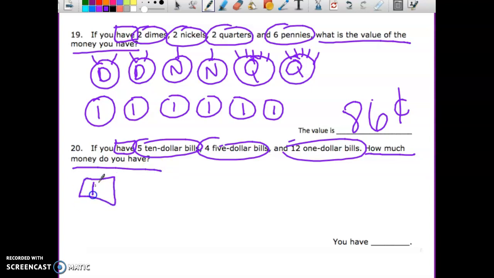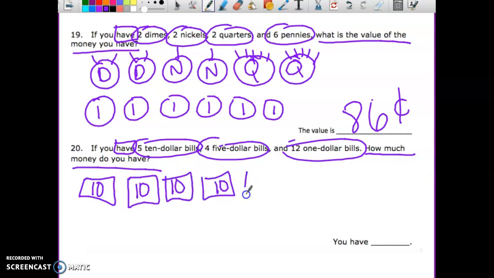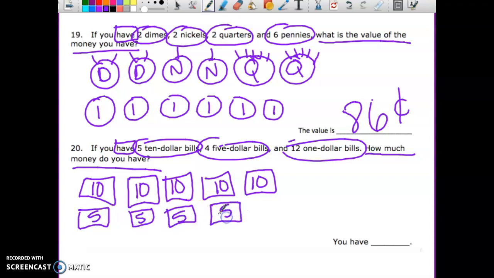So I'm going to have 5 10s, I'm going to have 4 $5 bills, and 12 ones.